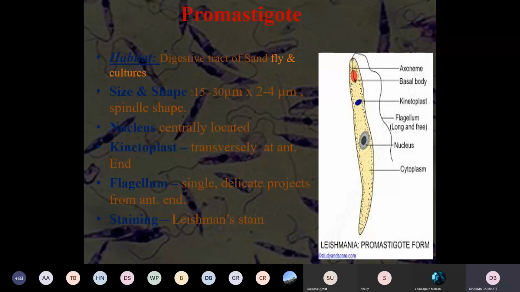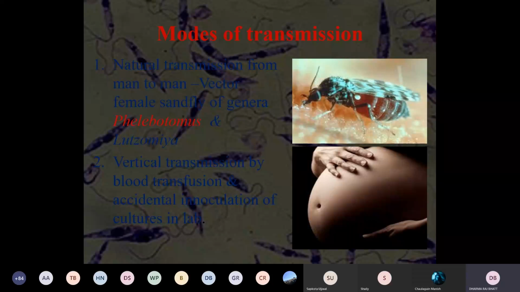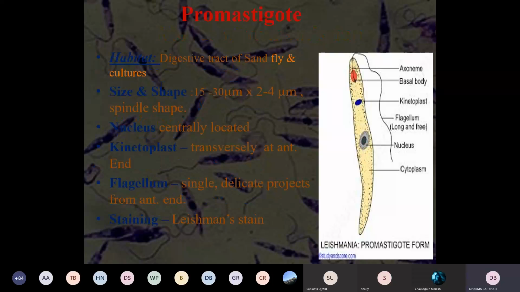Also, when we grow Leishmania donovani in artificial culture medium, it develops into the promastigote form. That's why the places where we can find the promastigote form are the digestive tract of the vector, sandfly, and also the artificial laboratory culture medium.